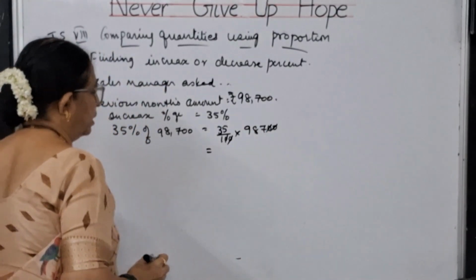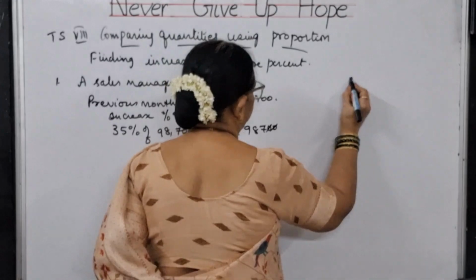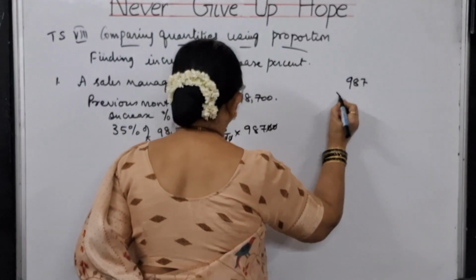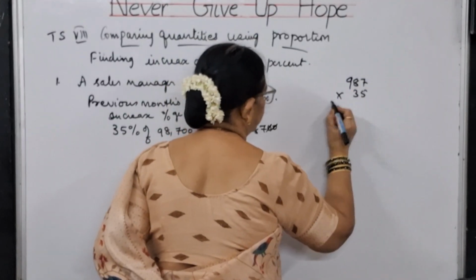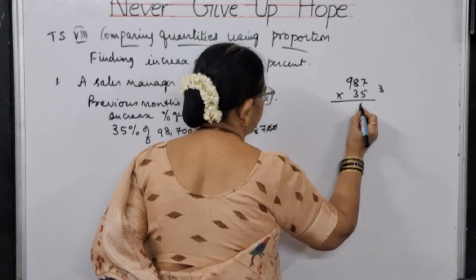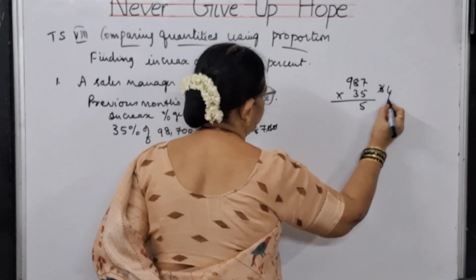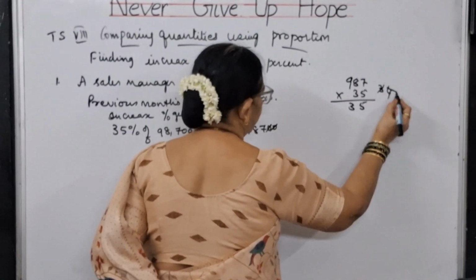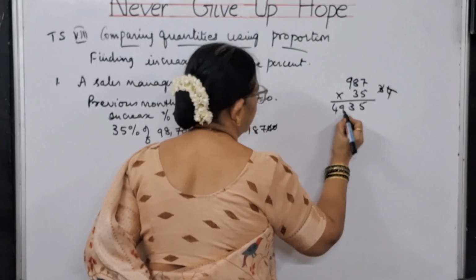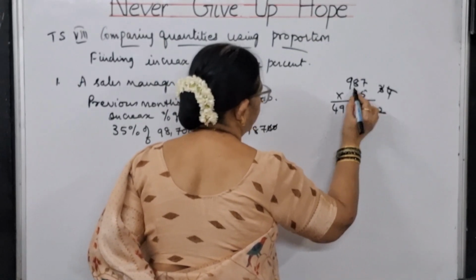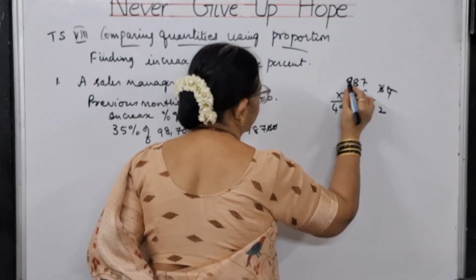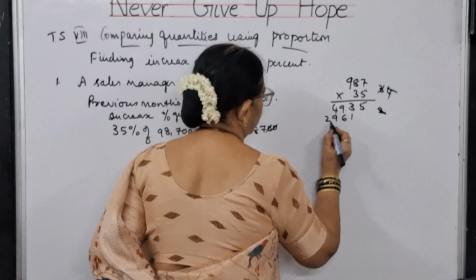So how much are you getting? 987 into 35. 5 7s are 35, 43, 45, 49. 3 7s are 21, 24, 26, 27, 29.